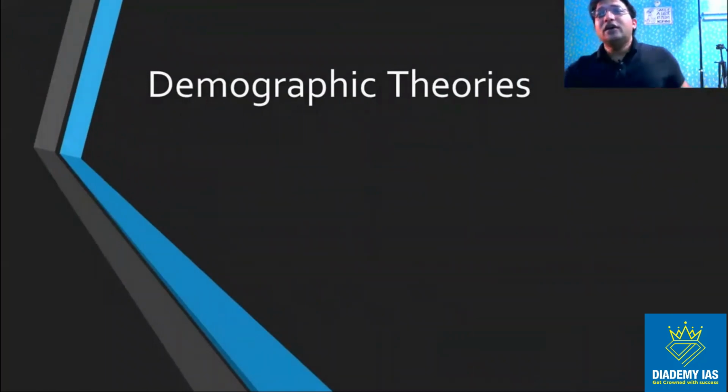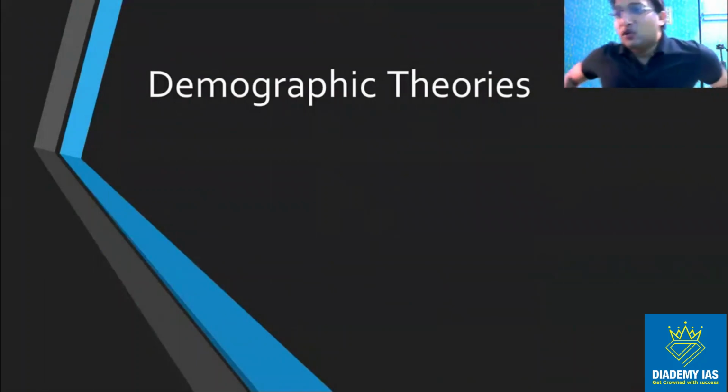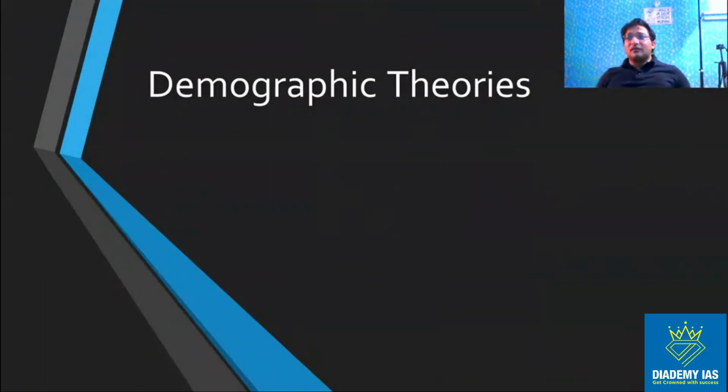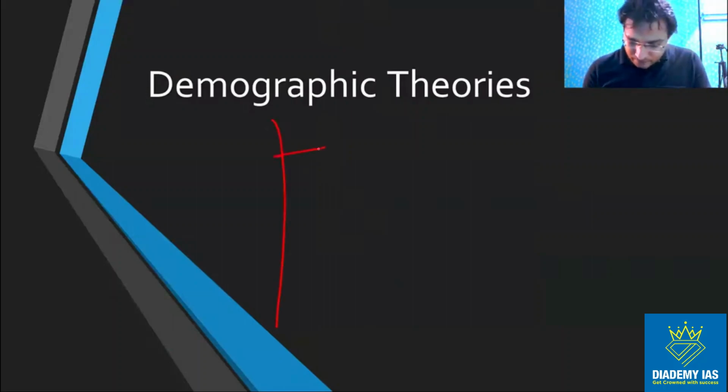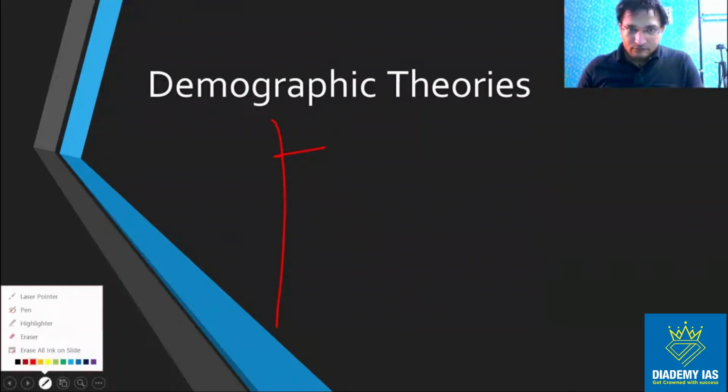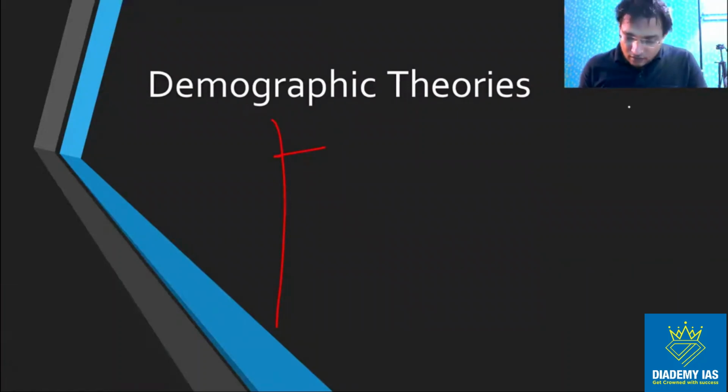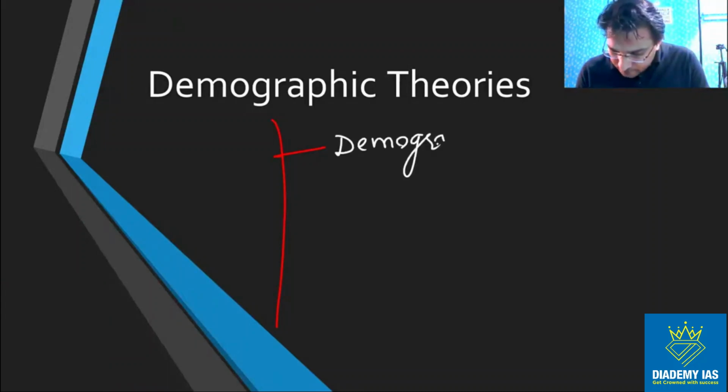Now, coming to the demographic theories, right? So till now we discussed the basic concepts. Now we will discuss the demographic theories. We have a total of 3 demographic theories. First is demographic transition theory.